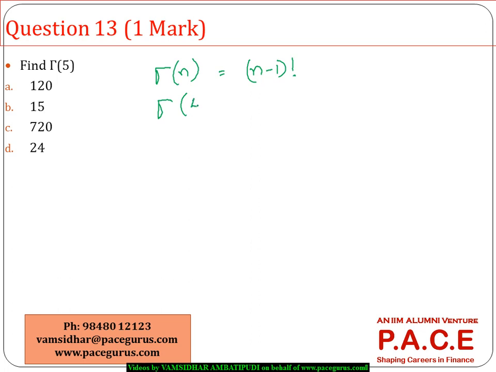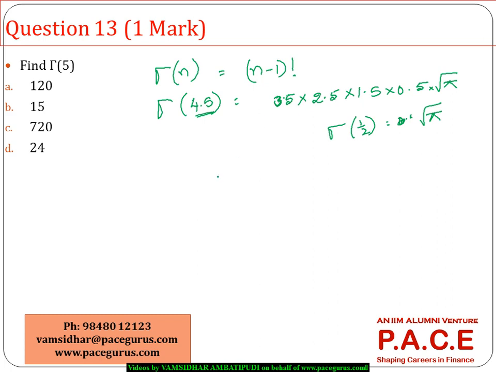If n is a non-integer, let's say 4.5, then you cannot use n minus 1 factorial. The other way is to take 3.5: you start with 1 lesser than this, keep reducing until you get to 0.5, and after that you multiply it with square root of pi, because gamma of half is treated as square root of pi.